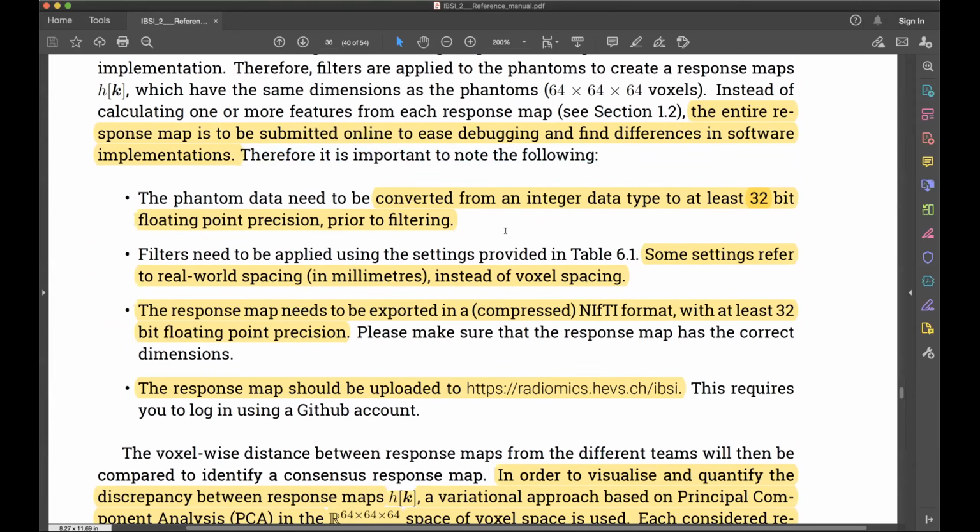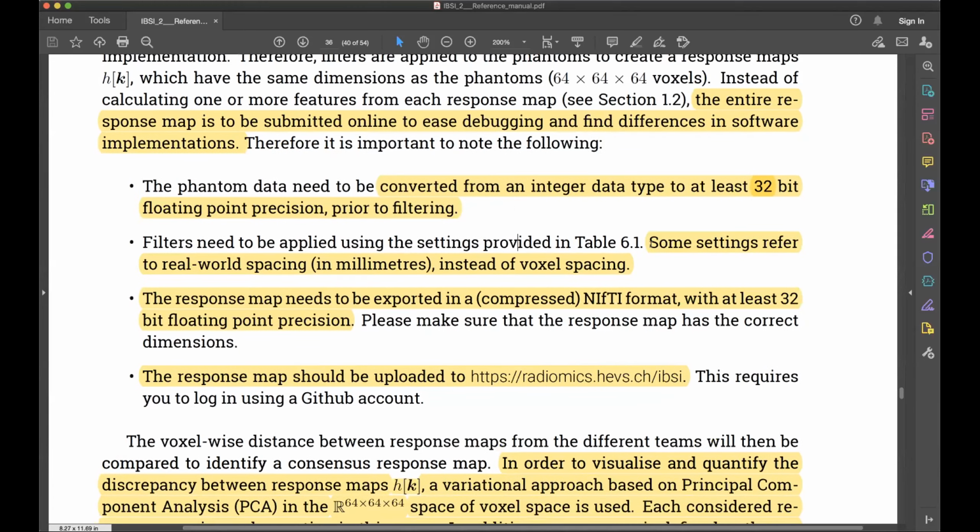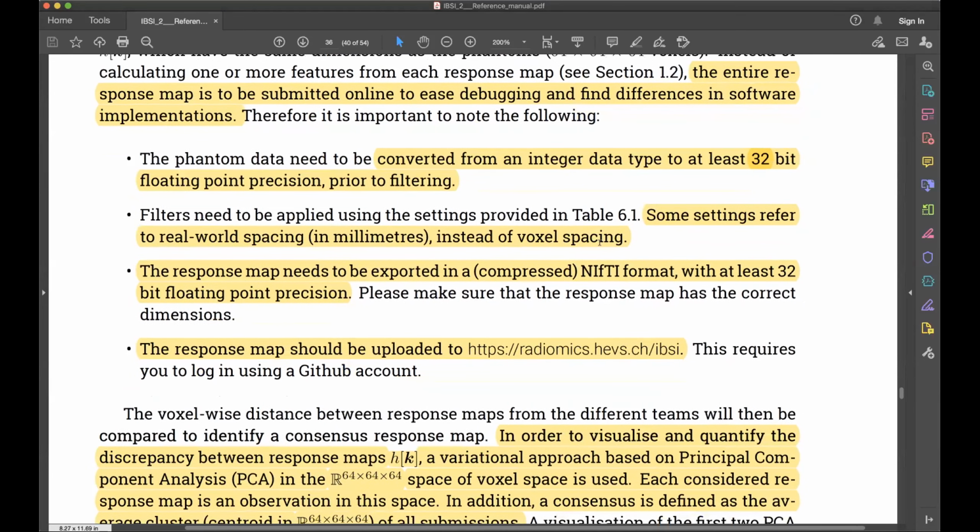When you perform filtering, make sure to convert those 8-bit phantoms to at least 32 bits before filtering. Make sure to take into account that those voxels are 2 millimeters in size, or any physical distance.